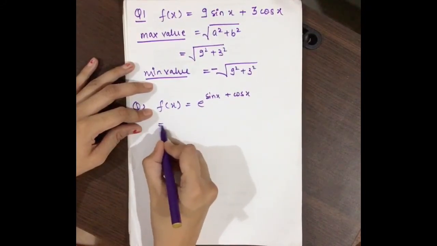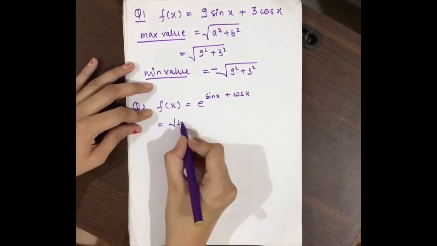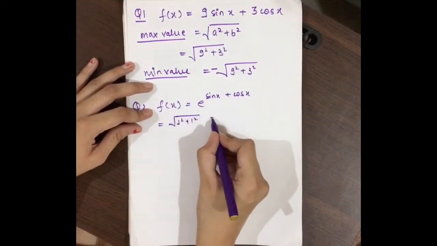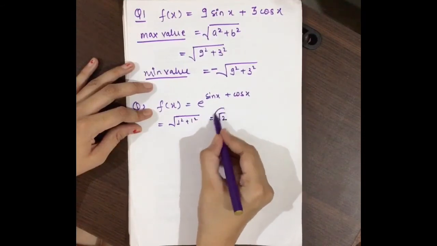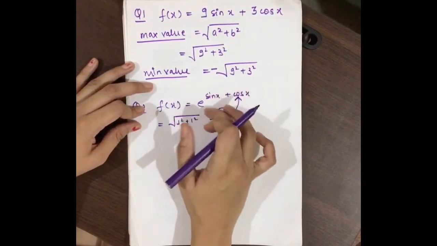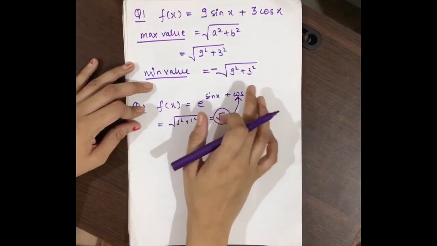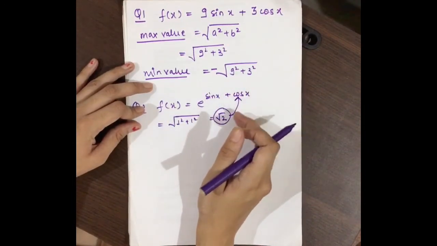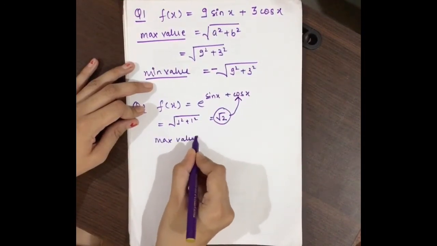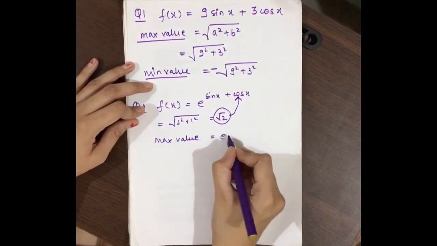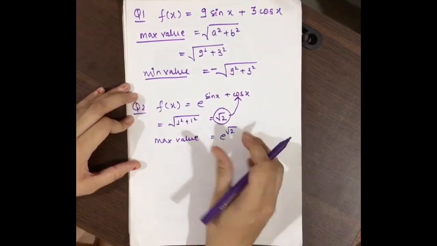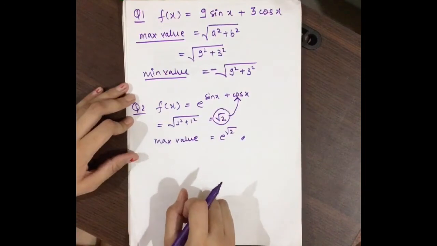So it will be under root 1 square plus 1 square, that is root 2. So root 2 is the maximum value for sin x plus cos x. Therefore, for f(x) equal to e to the power sin x plus cos x, the maximum value will be equal to e to the power root 2. So that's the answer.